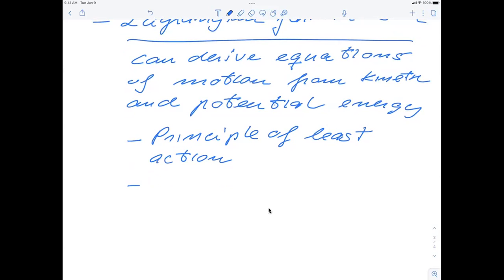Then we need to define something which is called a Lagrangian. And I'm going to give you the definition here, and then we are going to argue why it is given by these terms.